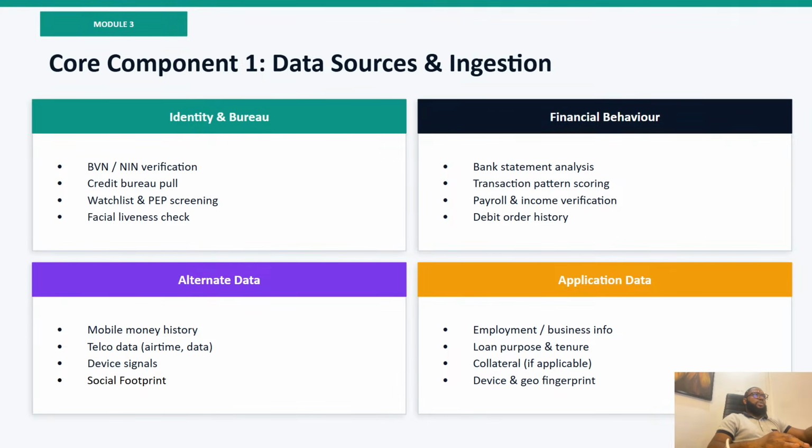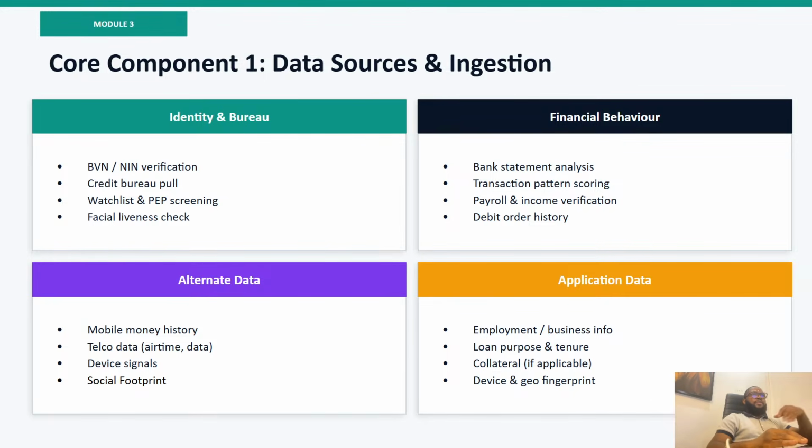So this is also important, and all of this information is retrievable via API. You don't have to log into a portal to check with a unique ID. It is automation, right? So this flows from BVN to credit bureau to PEP screening to liveness check, and all of this can be done within seconds, right?